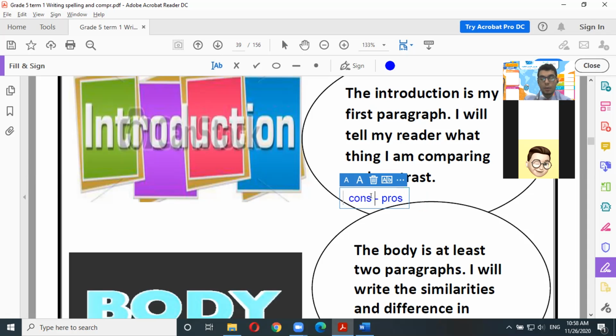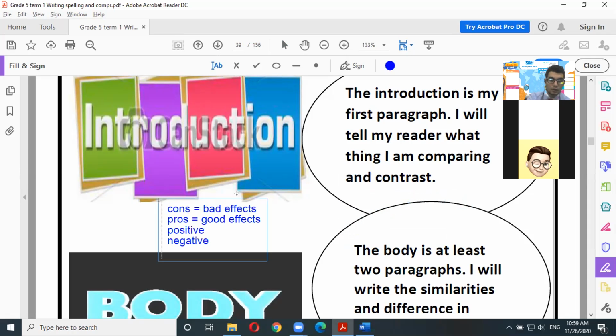The cons are the bad effects, okay? And the pros are the good effects. Perfect. The pros are the good effects, also positive and negative. And I guess you all know the meaning of positive and negative, right?